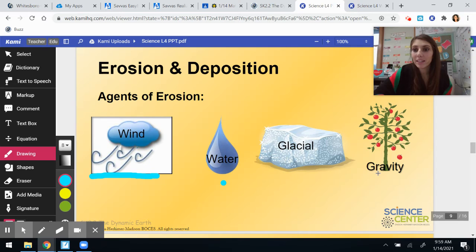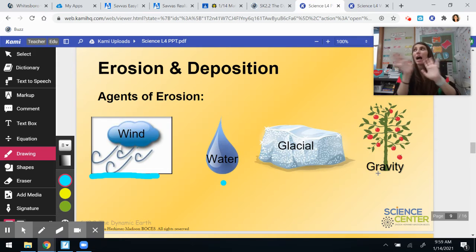And finally, gravity. We know what gravity is. It's what pulls things down to the earth. So maybe, have you ever heard of a mudslide? An earthquake could kind of do this too.